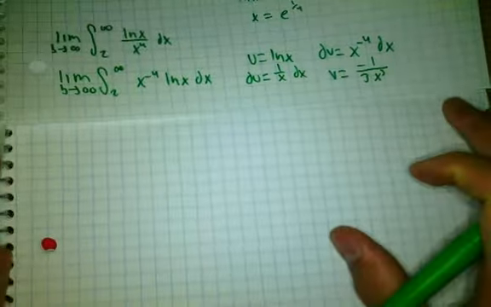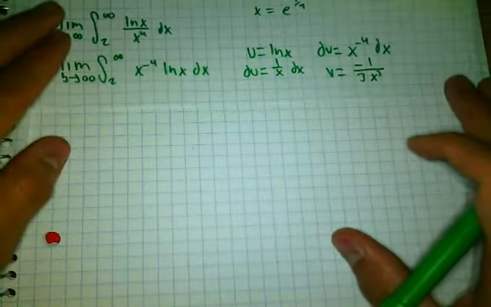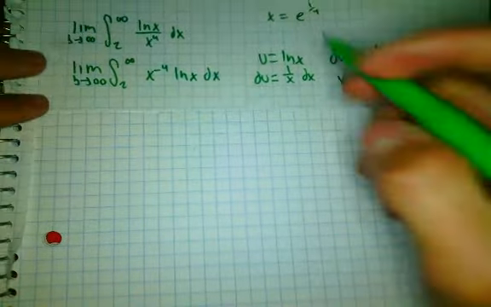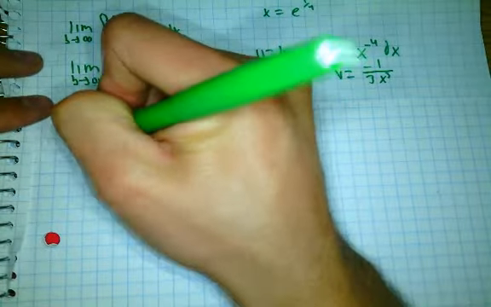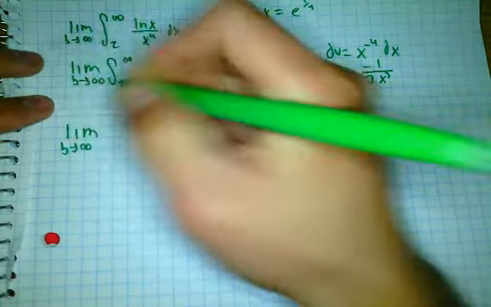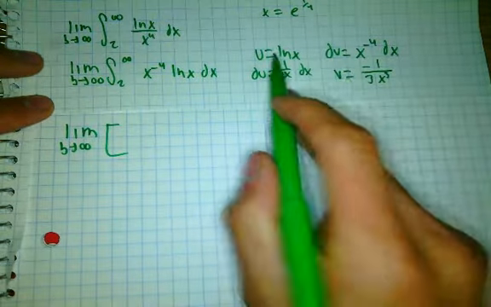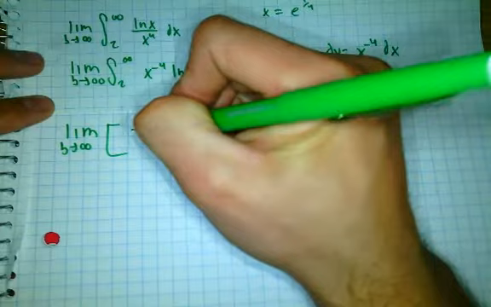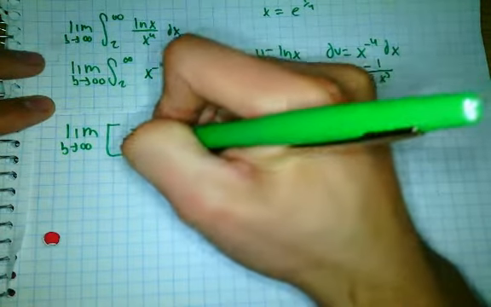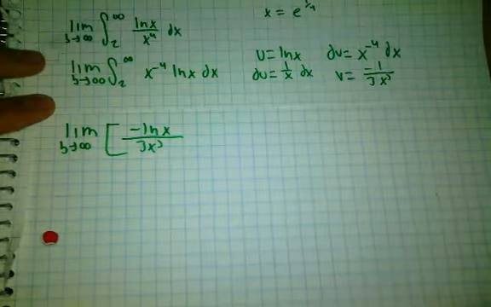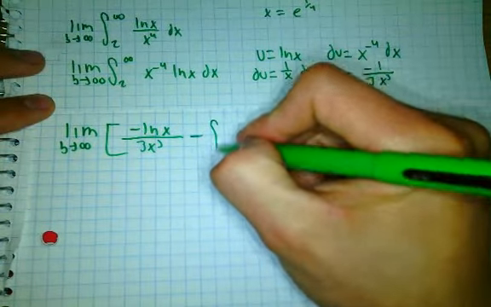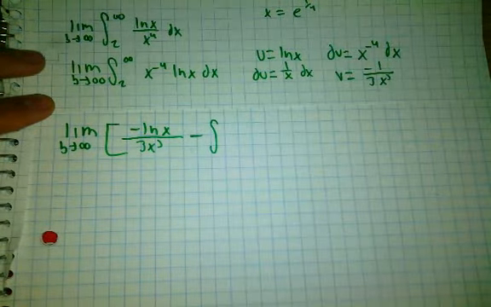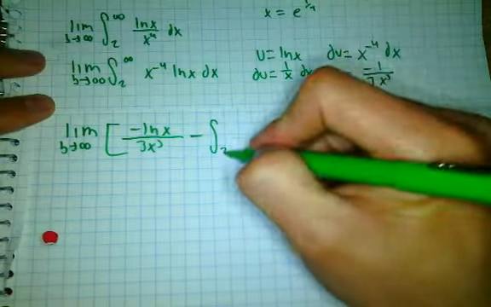Alright, so that's where we're at. What do you do from there? Minus integral of v du. So we're still doing the limit of uv, so negative natural log of x over 3x to the third, minus the integral, but because this is a definite integral, don't forget that you need to include your limits there, of what? v du.